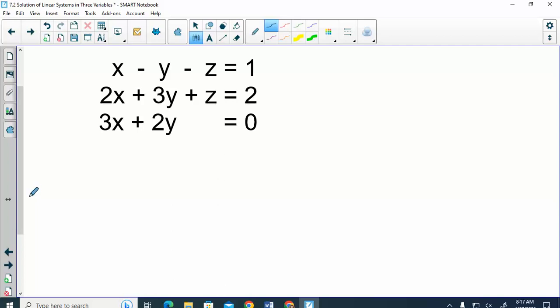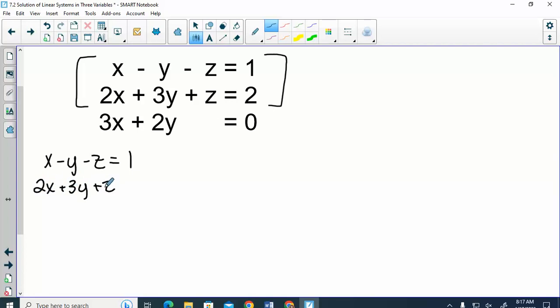The bottom one doesn't have z. So you can still take two equations and eliminate a variable, but since I noticed this one doesn't have z, I would prefer to get rid of z in the first instance. So if I did that, we don't even have to multiply by anything, do we? Again, you don't have to do it this way, but it will save us some steps if we do.